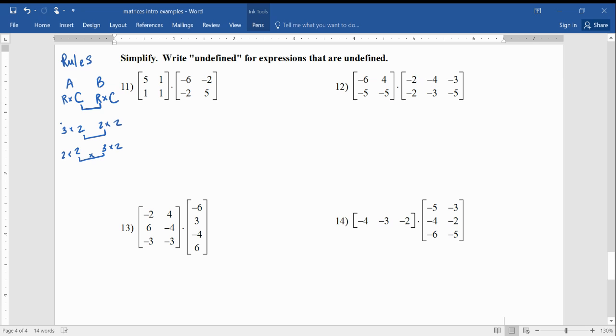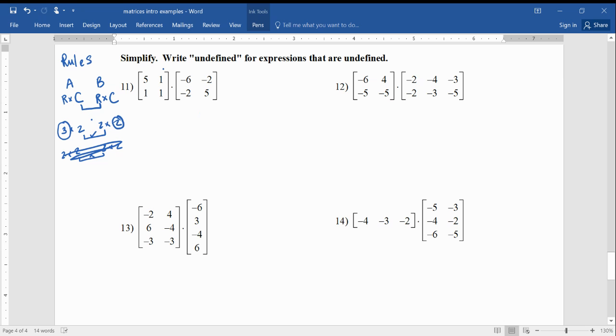So let's say that the columns and the row numbers are matching. The rows from matrix A and the column number from matrix B will be the size of the answer. So A times B, if these were the matrices, would be a 3 by 2. This one we can't even do, so it doesn't really matter.